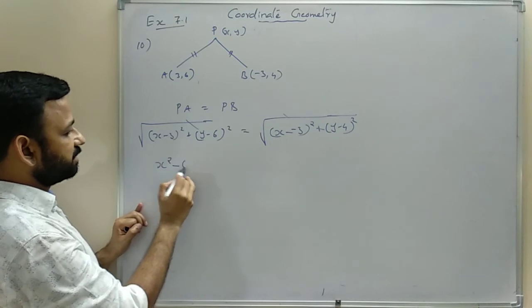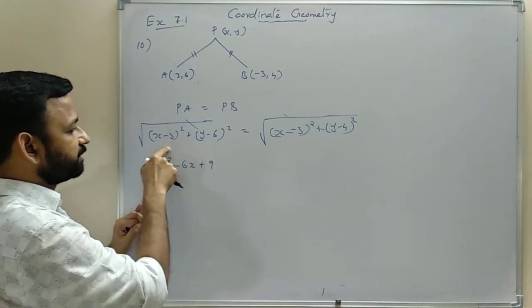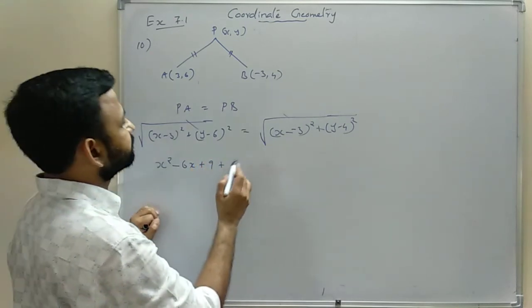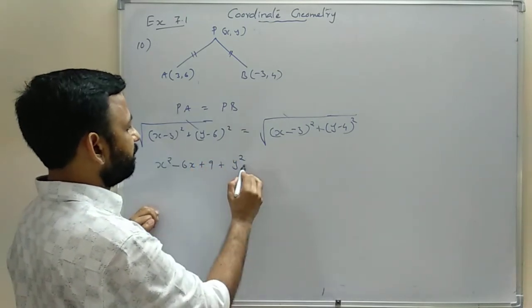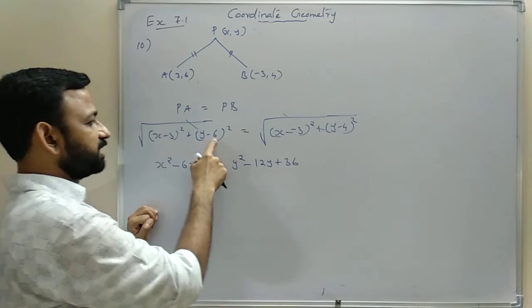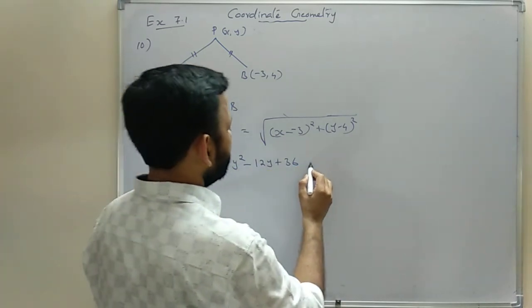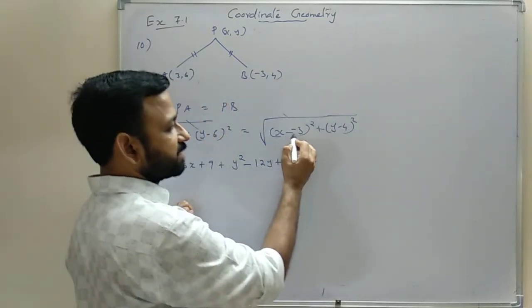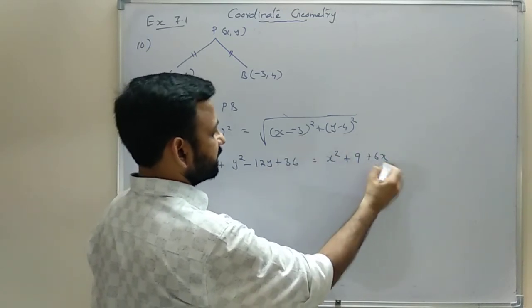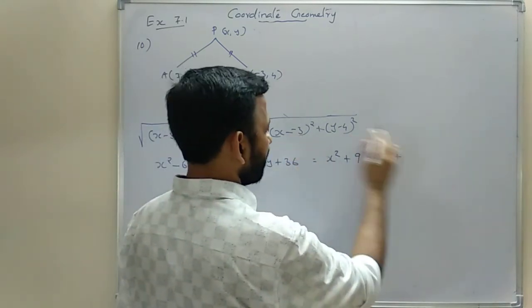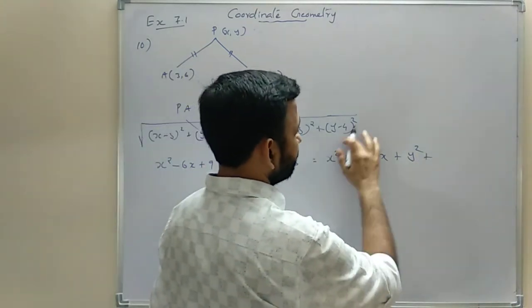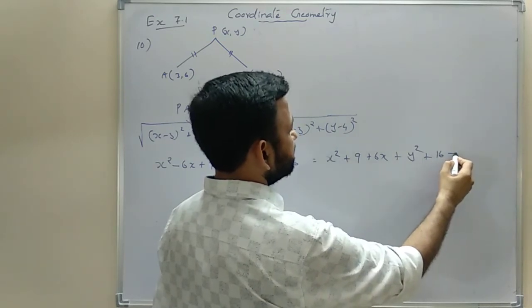x square minus 6x plus 9, a square minus 2ab plus b square, plus y minus 6 whole square, that is y square minus 2 into y into 6, that is minus 12y plus 36, equal to, radical cancelled, x plus 3 whole square, that is x square plus 3 square 9, then the middle term 6x, 2 into 3 into x, and similarly y square, then plus 4 square 16, then the middle term minus 8y.